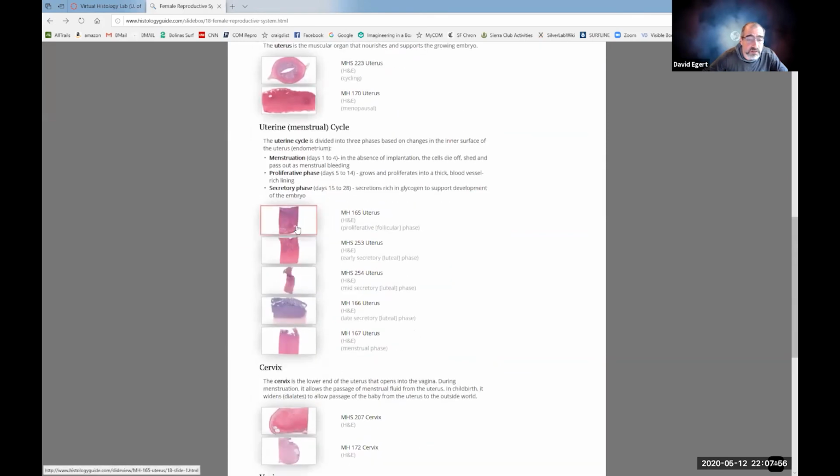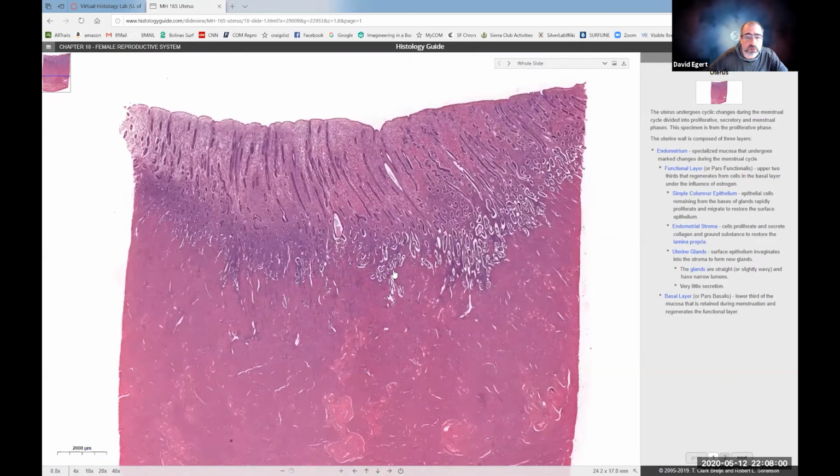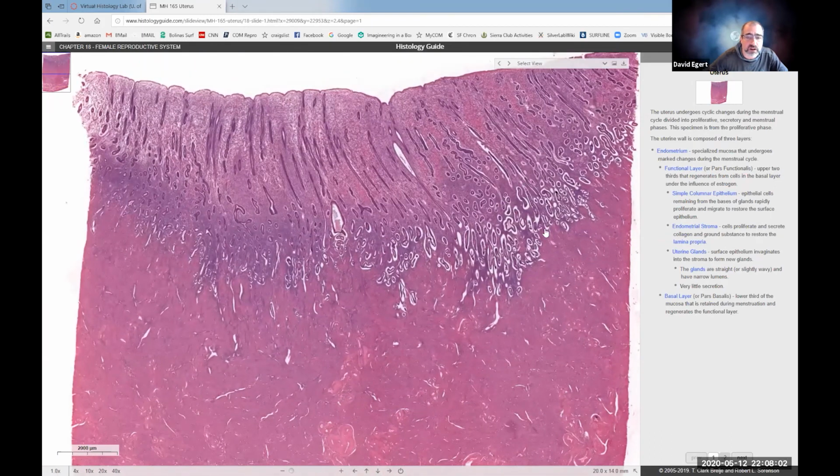Here we have uterus in different phases. Okay, so here the proliferative phase is kind of getting started. It's got a nice clean look to it, although it doesn't have those tons of crazy swirly glands yet.